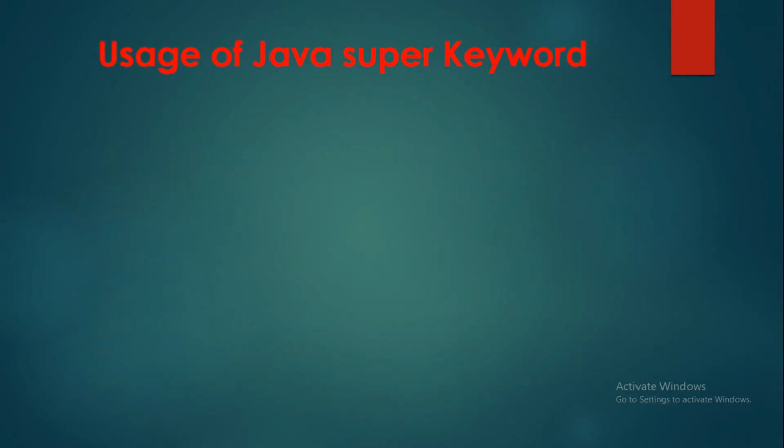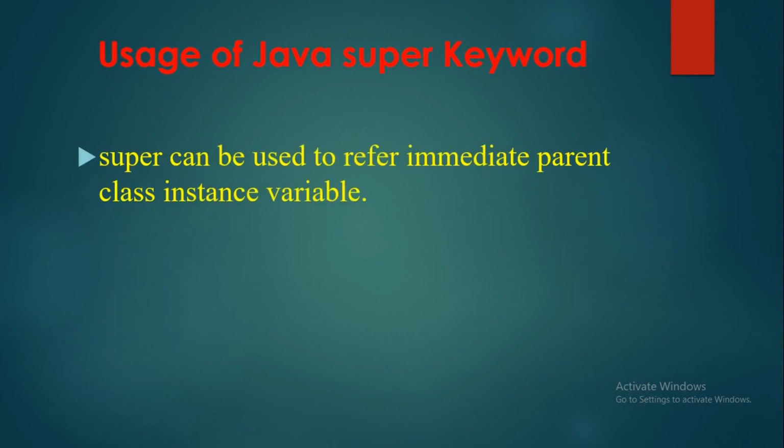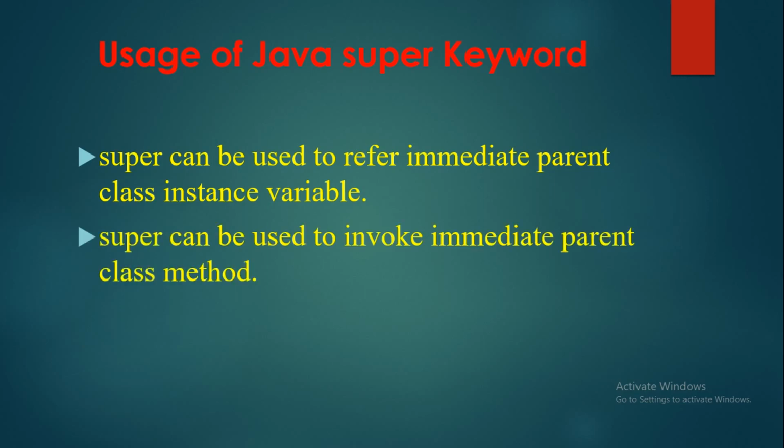Let's discuss the uses of the Java super keyword. Super can be used to refer to the immediate parent class instance variable. Yes, for parent class instance variable reference, we can use the super keyword. Super can be used to invoke the immediate parent class method.